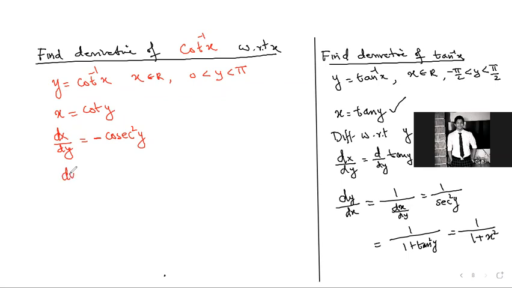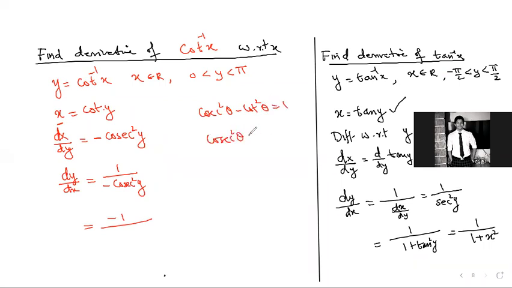Then dy by dx is 1 upon minus cosec square y. Now you have to convert it back to x. So what is cosec square theta in terms of cot theta? That's our formula. So cosec square theta is 1 plus cot square theta.